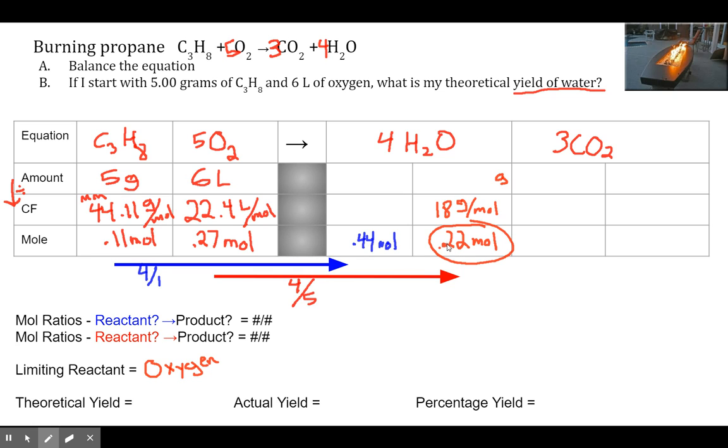And now we're going up Bill's box, and again, if we want to get rid of moles, we're going to have to multiply. So there you go. So 18 times the 0.22 is our next calculation. And that gives us 3.96 grams of water.